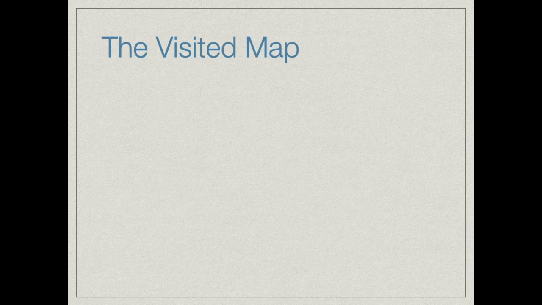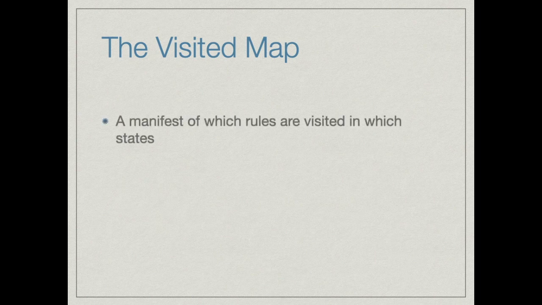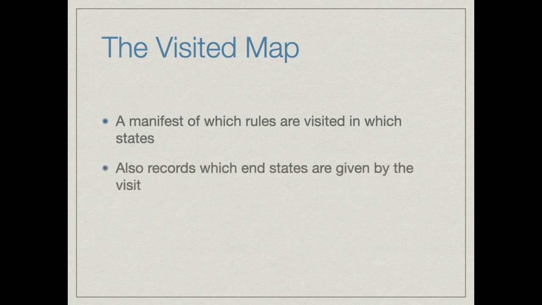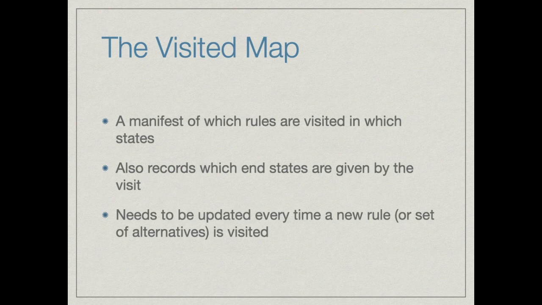This is stored as the visited map, which can be passed as a tunnel parameter through the process, and is a manifest of which rules have been visited in which state. This map not only needs to check each time a rule is visited, but needs to be added to if the rule has not been encountered, or updated if a rule results in a complete partial parse.